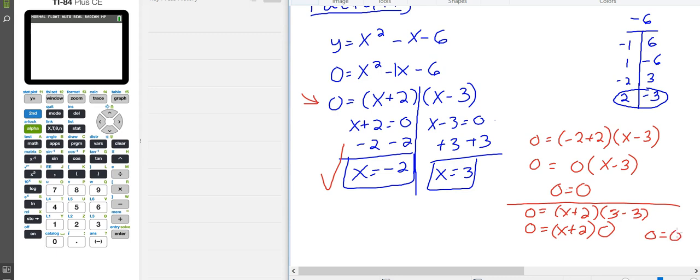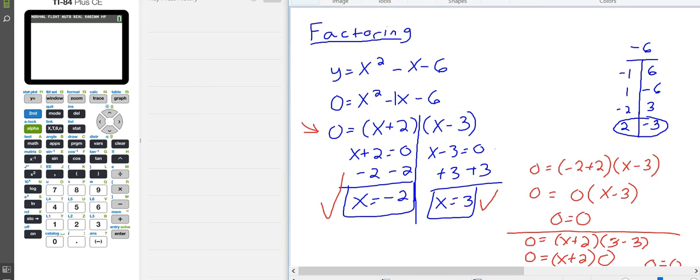So the value x is equal to 3 also makes the equation true. So the two roots of y is equal to x squared minus x minus 6 are x is equal to negative 2 and x is equal to 3, and that graph would cross the x-axis at x is equal to negative 2 and x is equal to 3.